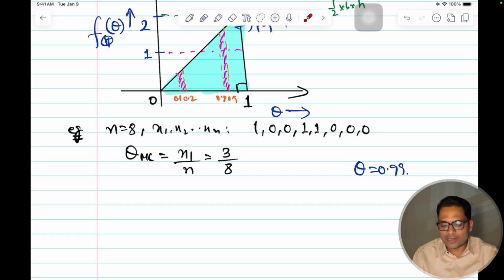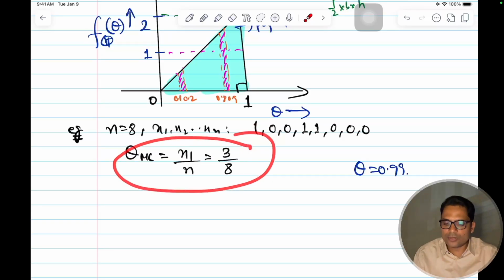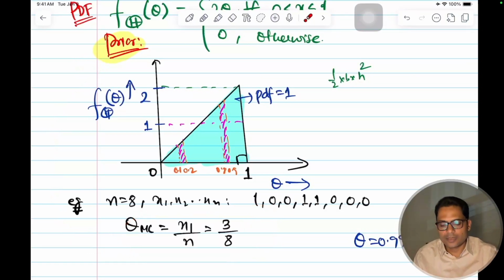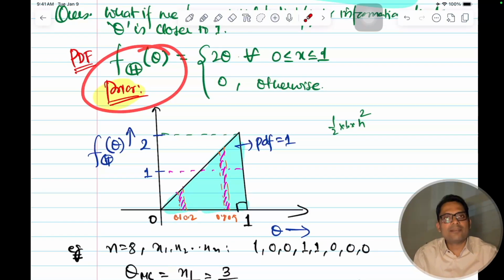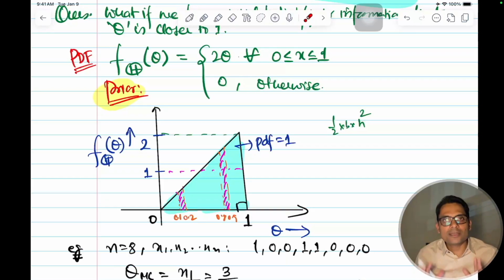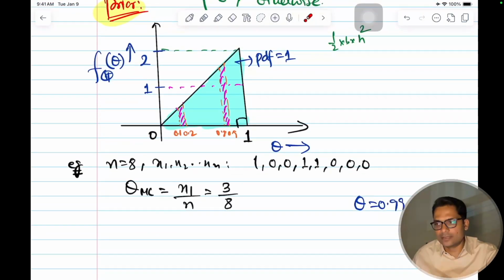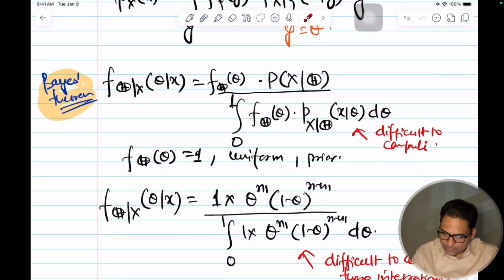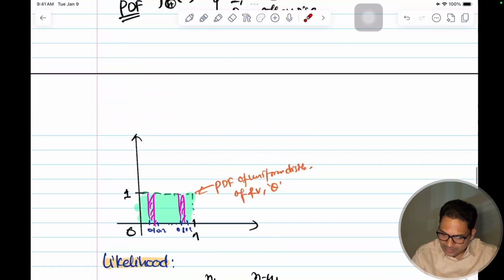So the point I'm trying to make is that this estimate is not using any information from the prior, and now we have prior information that everything is not uniform, but there is a bias towards heads. Now let's see the posterior formula. Let's copy that as it is. What was the posterior formula? Somewhere I highlighted that.